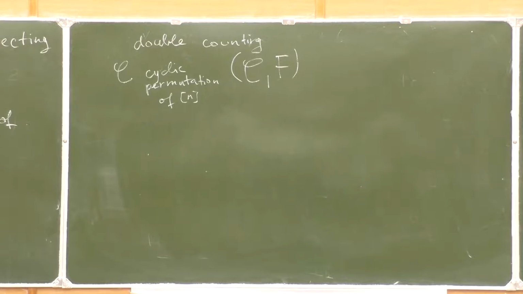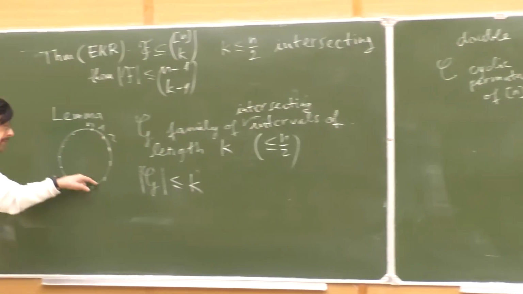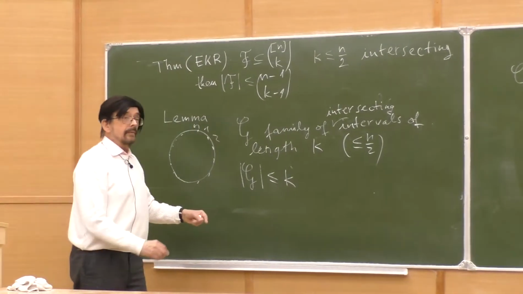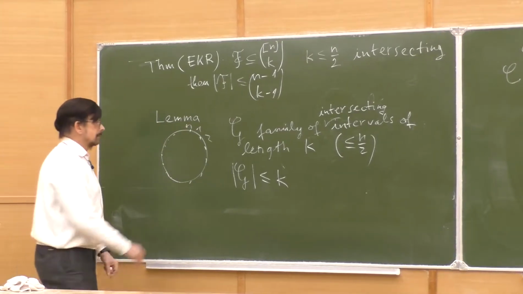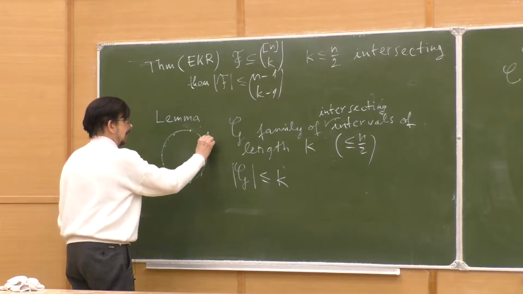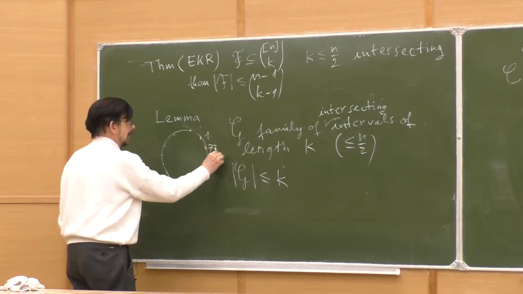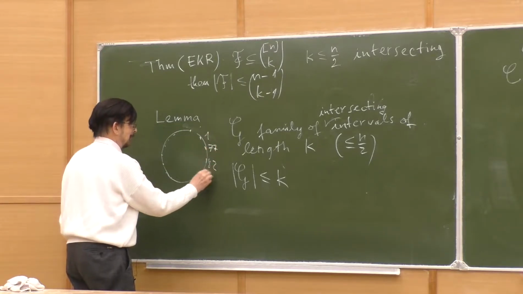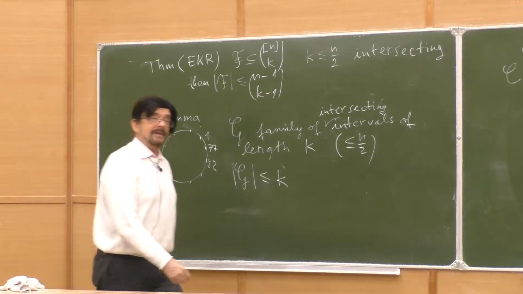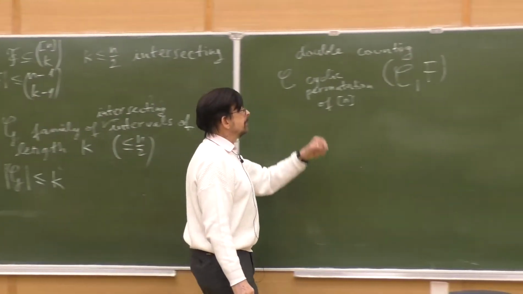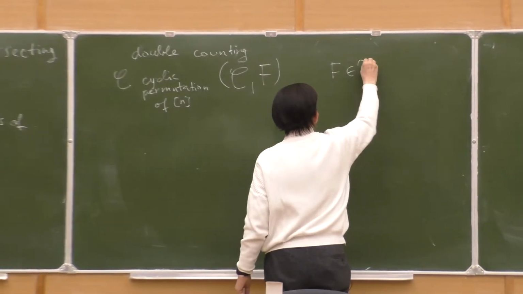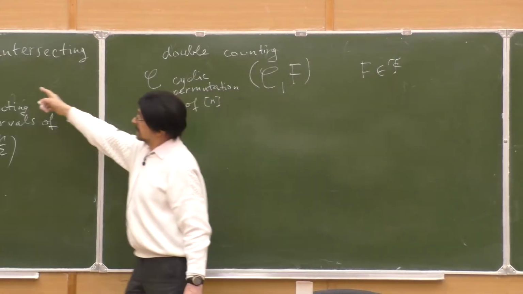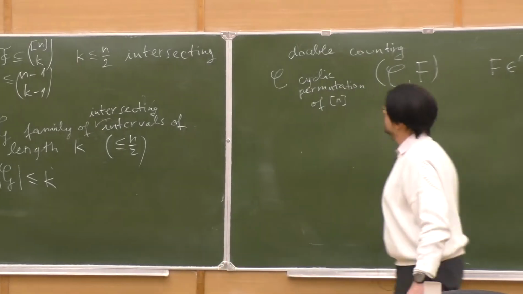So here I made this order 1, 2, 3, but now we will take all possible orderings. So mix them, 177, 82, and so on. So this is an element of C. F is in the family, the intersecting family from the theorem.